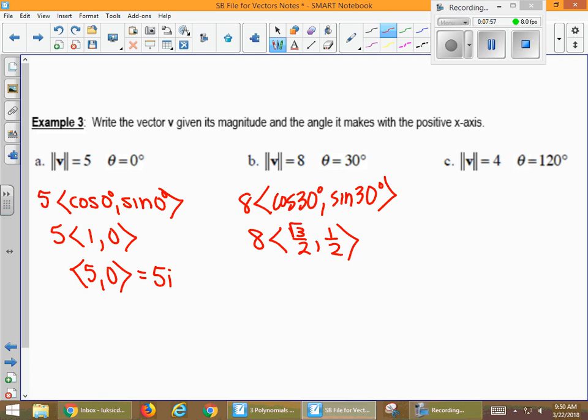Multiply your 8 in. All right, try the next two. 120 hurts me, but not as much as 315 does. 315 hurts me the most because it's so far around.